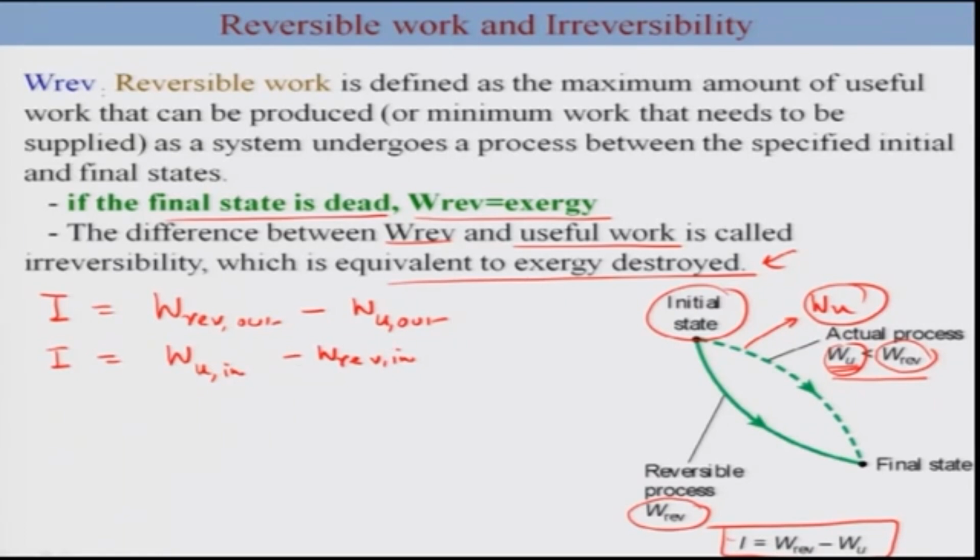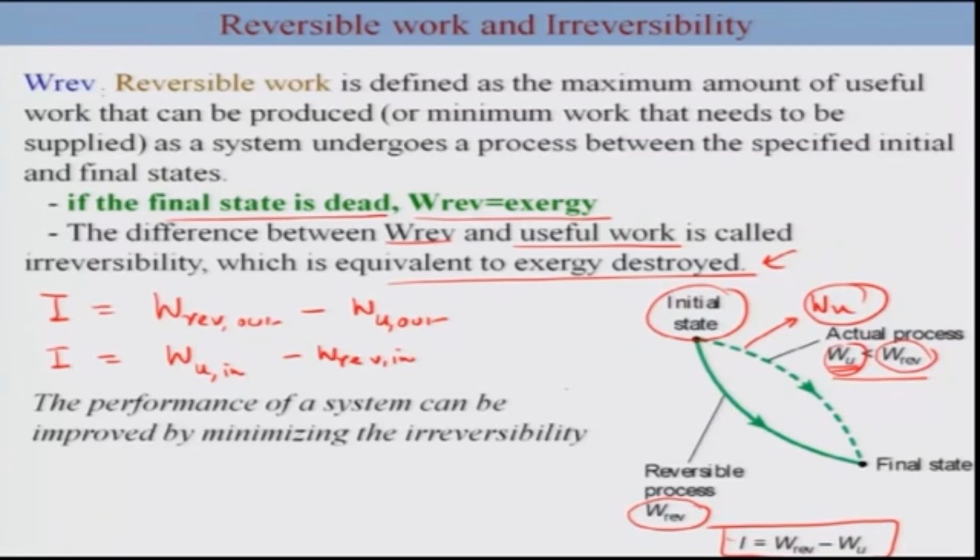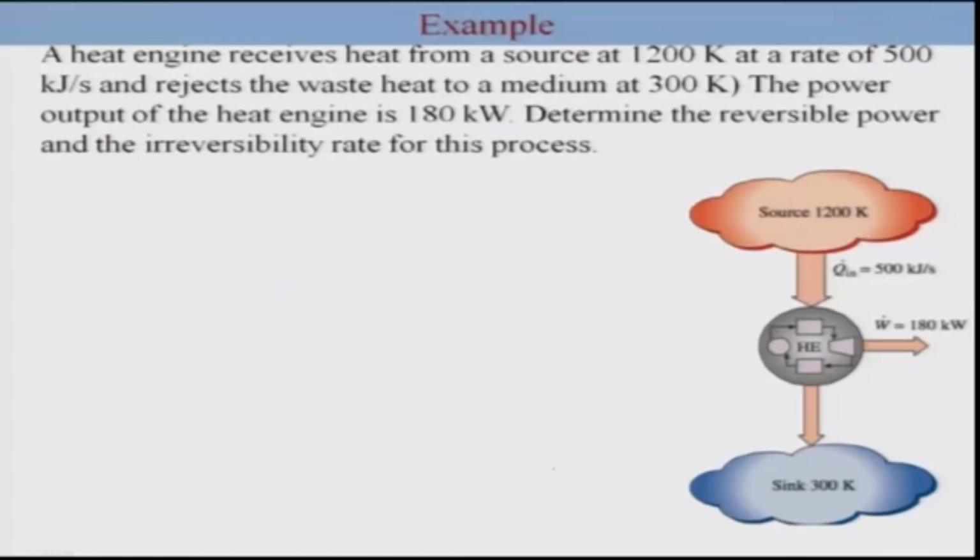The reason why we have done this is because the W useful in is going to be more for a work consuming device compared to the reversible. Or as I said, the performance of the system can be improved by minimizing the irreversibility. So certainly when I goes to 0, when the irreversibility goes to 0, the work approaches towards that condition of reversible process, or useful work approaches the condition of that reversible process.